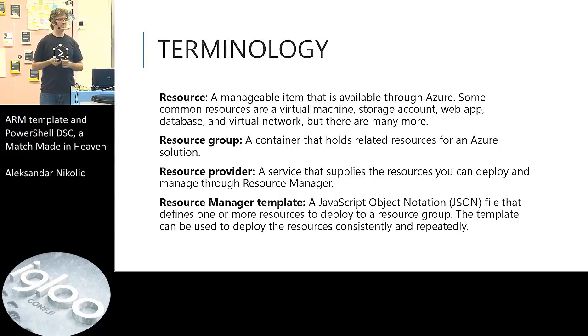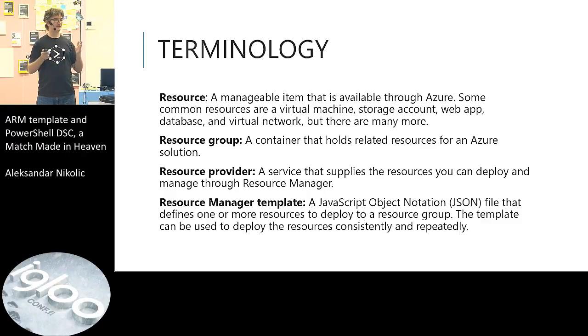A resource group is kind of a container that holds together related resources. One of the main things, when you think about how you should group things, is the same life cycle. If your resources have the same life cycle, they are perfect candidates to be grouped in the same resource group. Very often today, when you see solutions, people usually put all the resources together in the same resource group when they work on something.